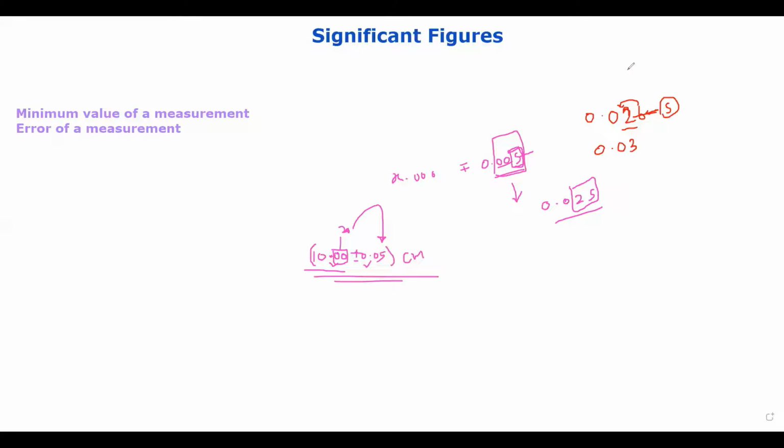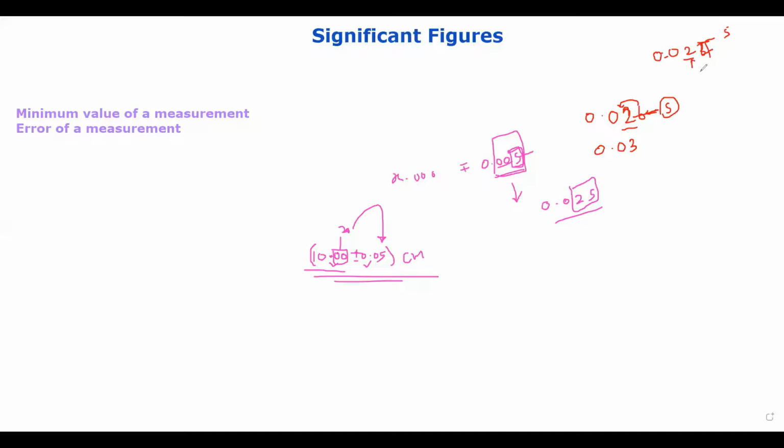If the second value is 0.023, or 0.024, what about this? This 4 is lesser than 5, so we can't round off. We have to keep it as it is.